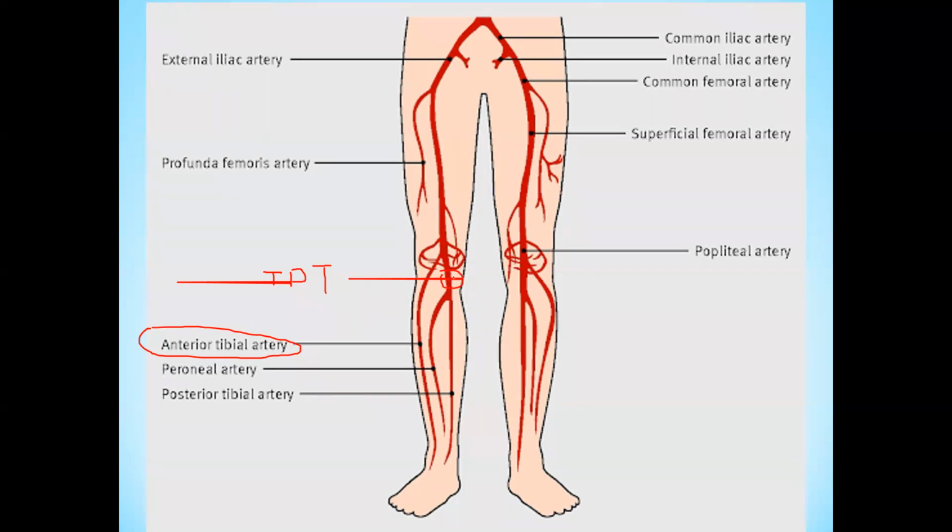For ultrasound purposes in novice persons, you should know the anatomy of these main arteries. Some anatomic variation will also be encountered, so you should know the anatomic variation as well.